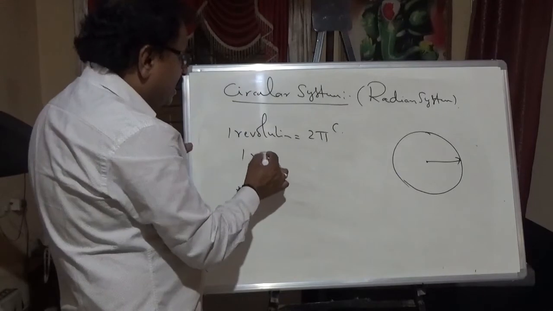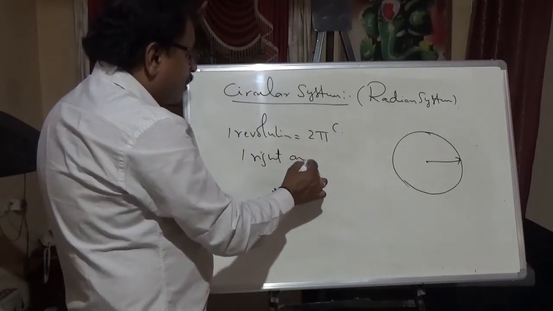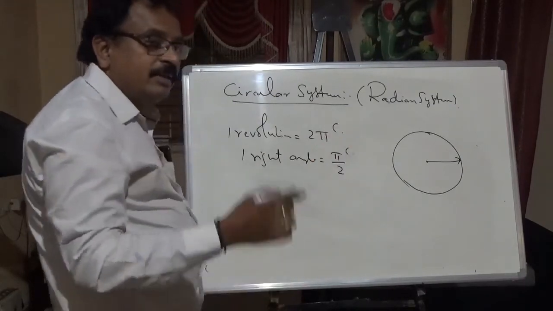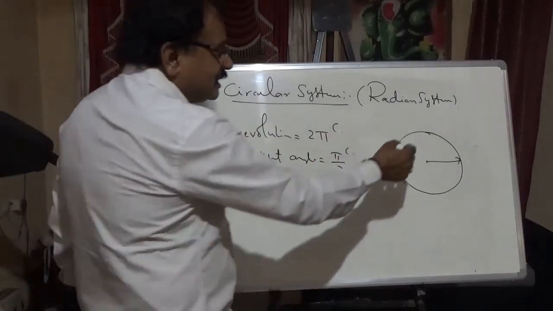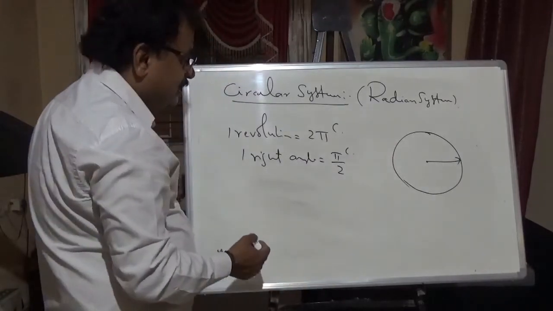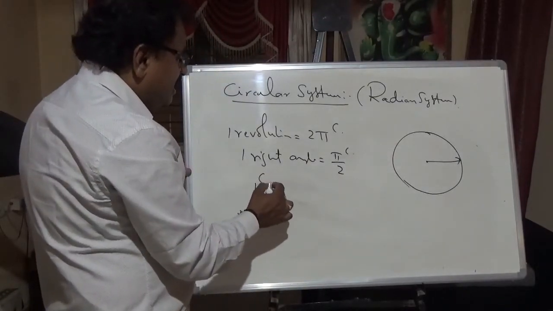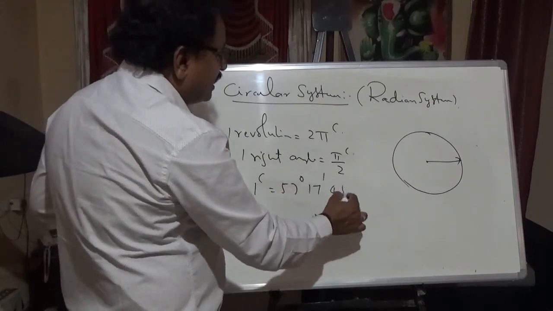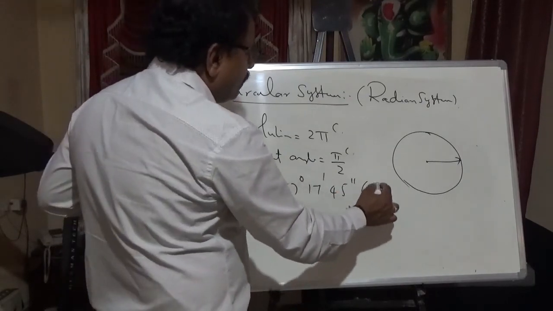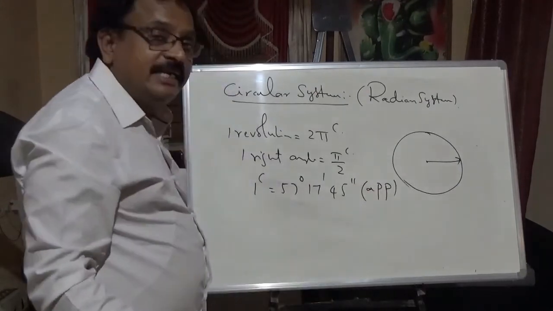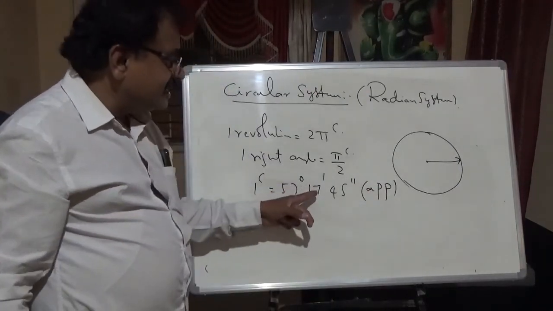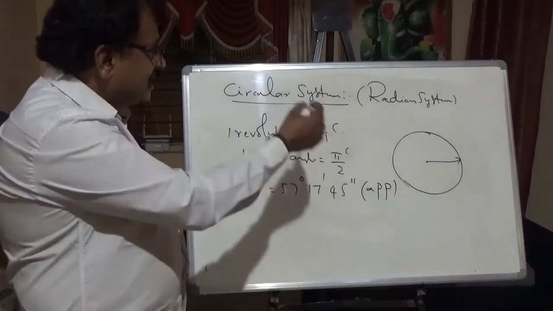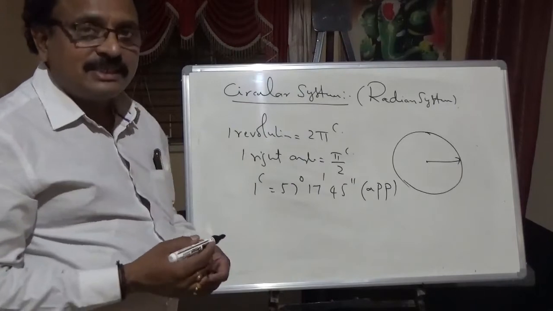One right angle is pi by 2 radians, because 2 pi divided into 4 parts. 1 radian is 57 degrees 17 minutes 45 seconds approximately. Please remember this. This system is called the circular system.